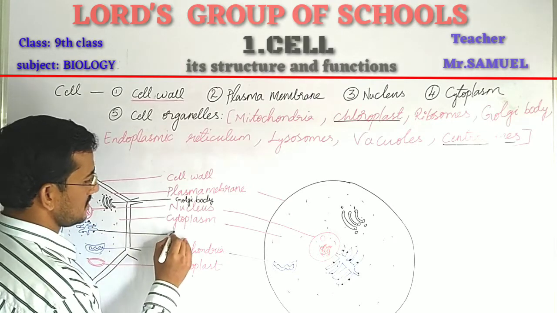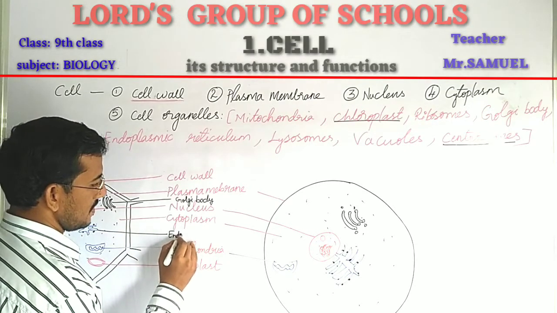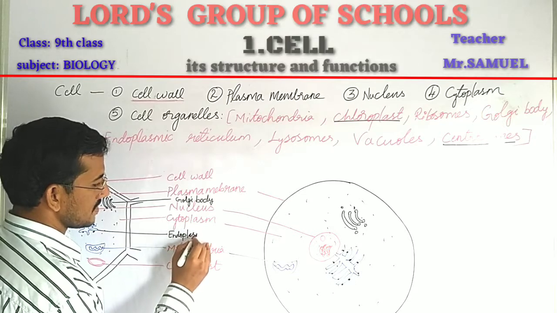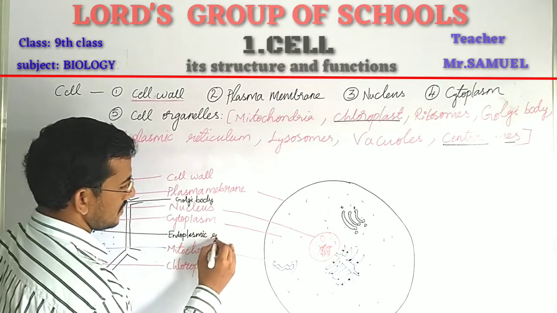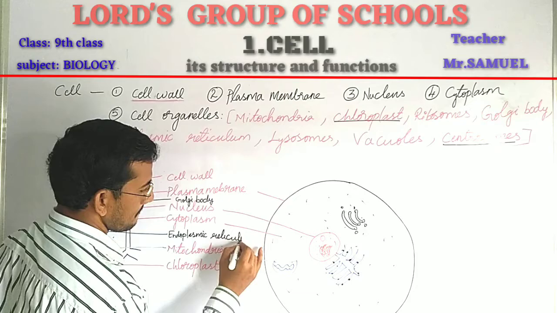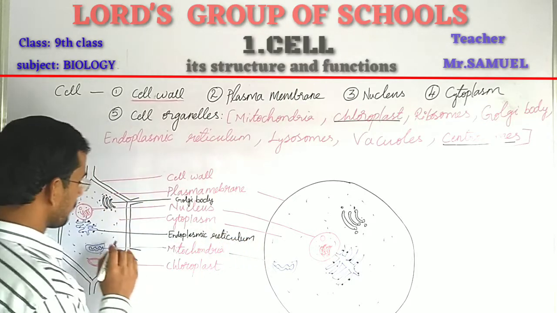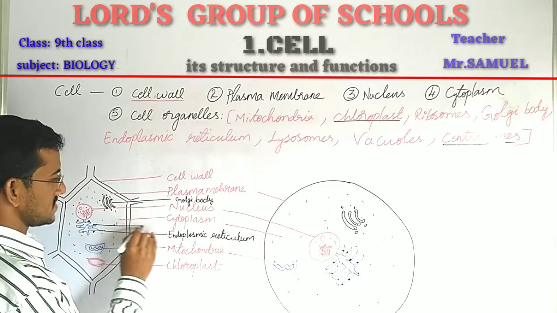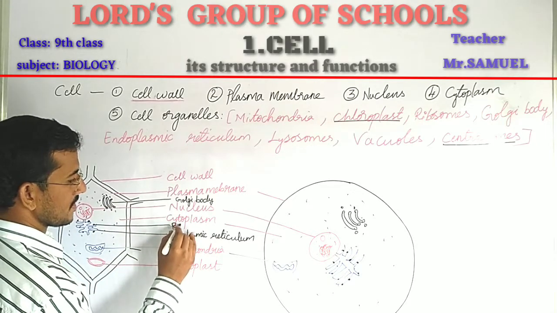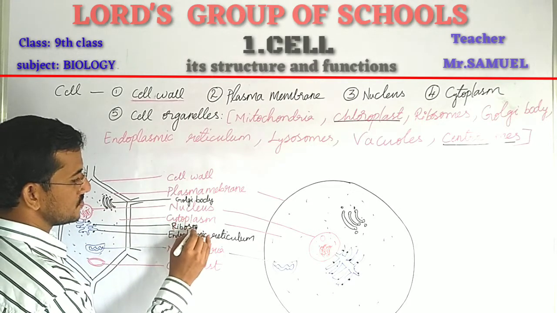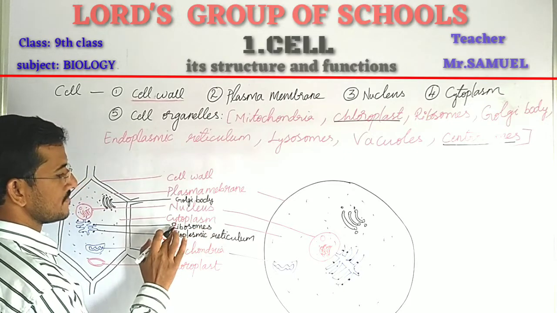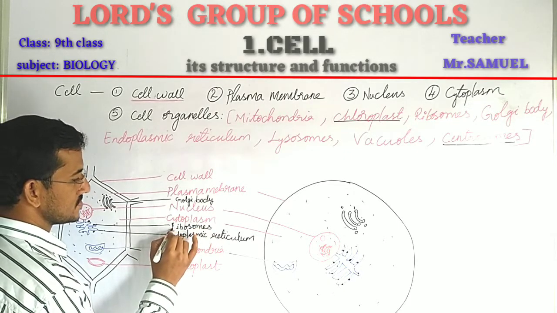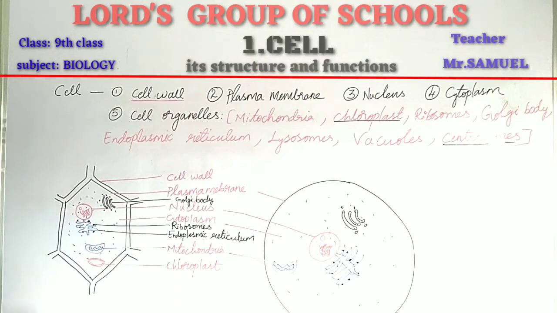This is endoplasmic reticulum, and this structure is ribosomes. So these structures are ribosomes.